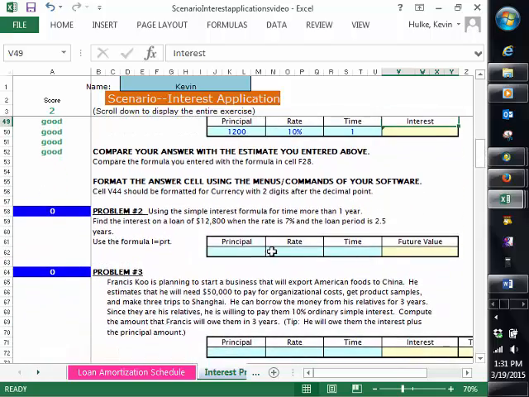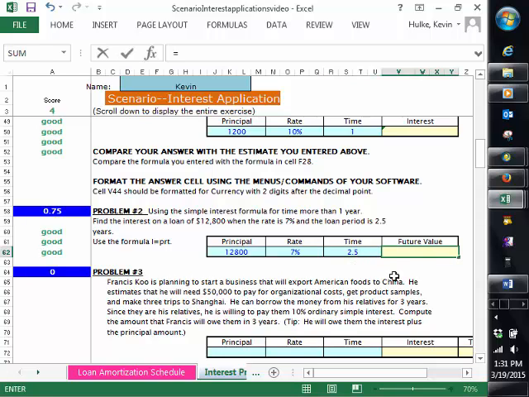Next one, $12,800 is the principal. Remember to enter your rate as a decimal, even though it will display as a percent. And then the time is 2.5 years.